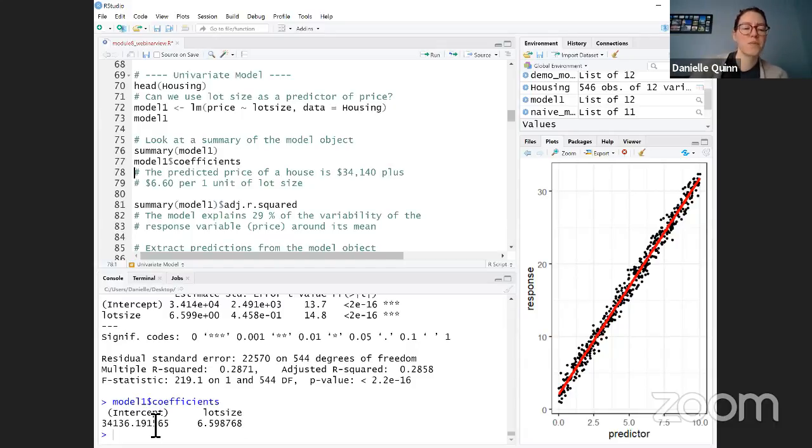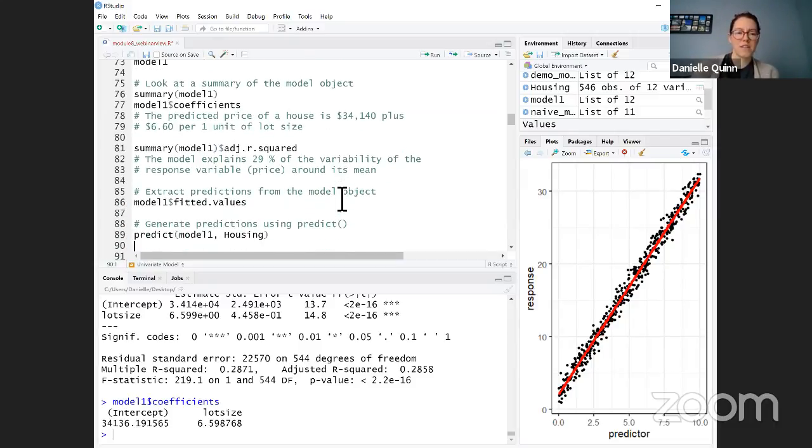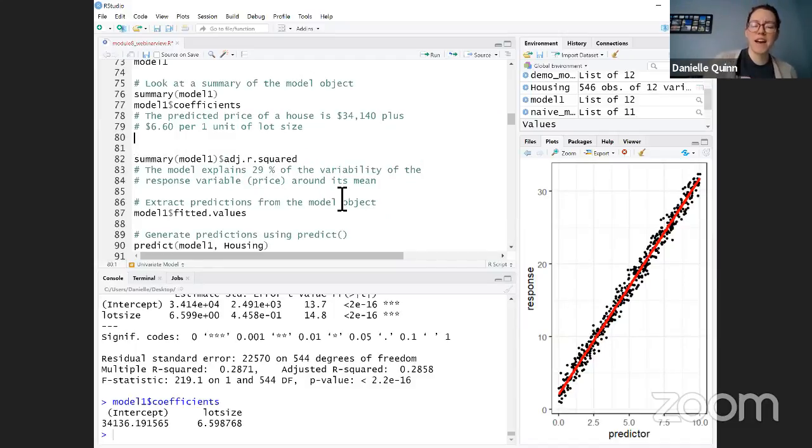The way we're interpreting this is that the predicted price of a house is the intercept, about $34,000, plus $6.60 per 1 unit of lot size. Let's say that we have a lot size of 1,000.